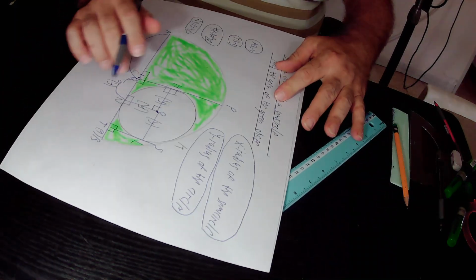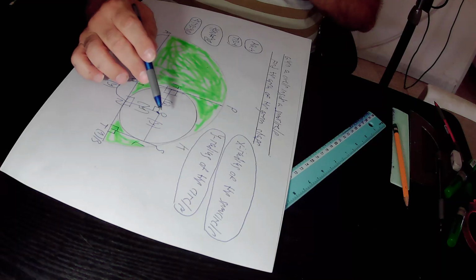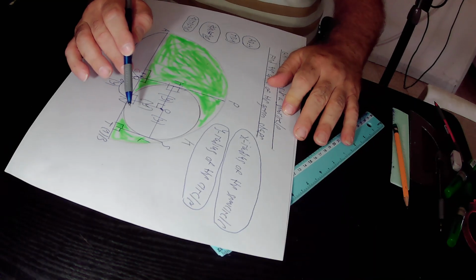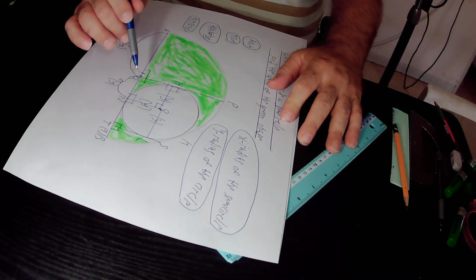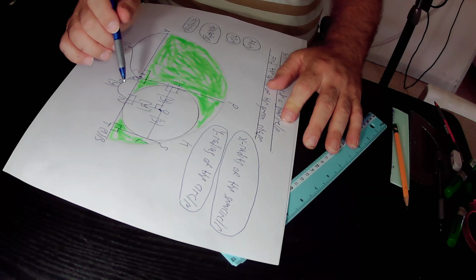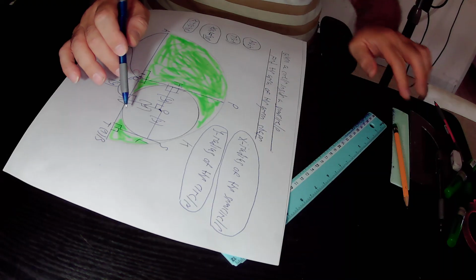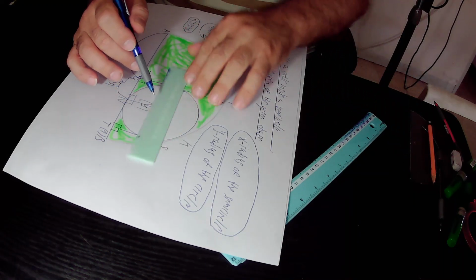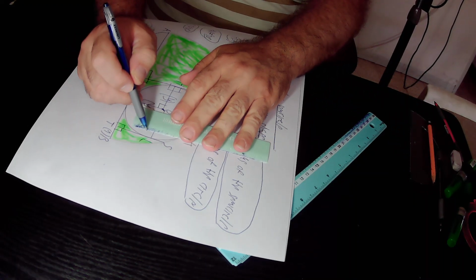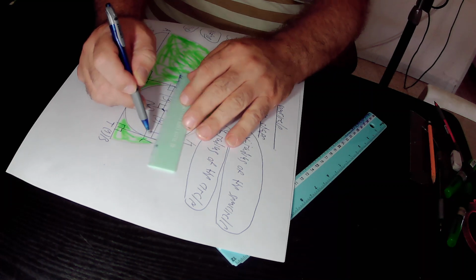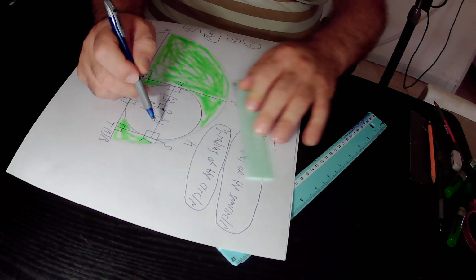The radius OL is drawn to point L, that is the point of tangency of tangent ST with this small circle. And whenever a radius is drawn to the point of tangency, then tangent ST will be perpendicular to the radius LO. If ST is perpendicular to LO, it means that this angle equals 90 degrees, and this angle also equals 90 degrees, according to the same rule, rule 1.